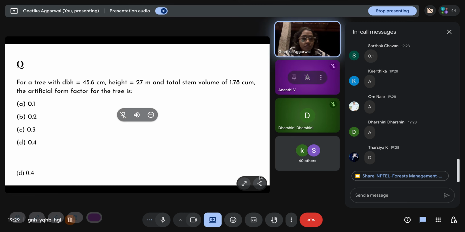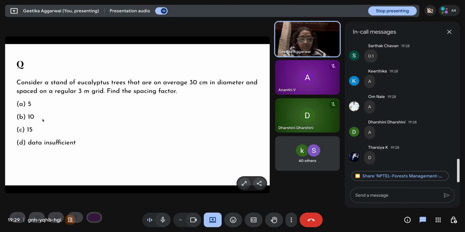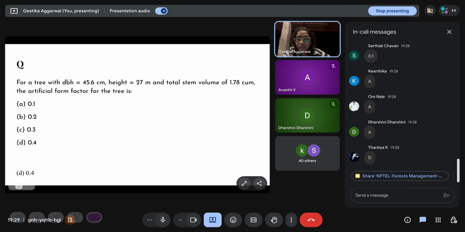Mm. This seems to be a little confusing. One second. Oh, let me see how I can get the pen. Okay, volume we saw is equal to, one second.